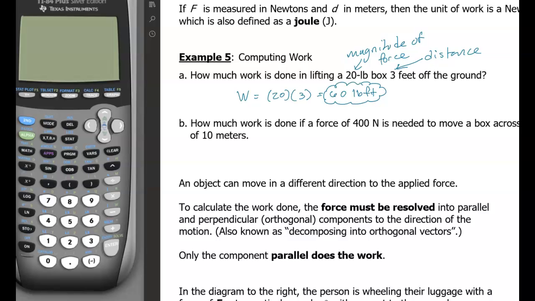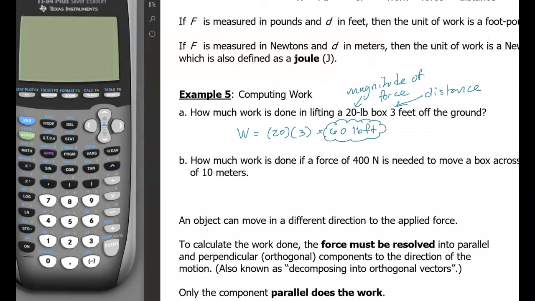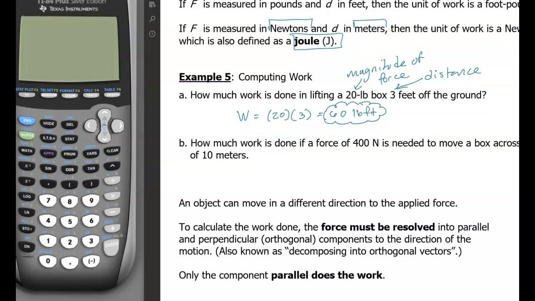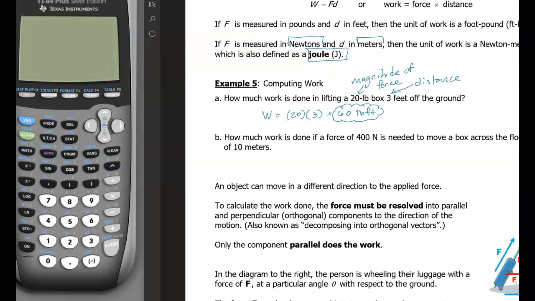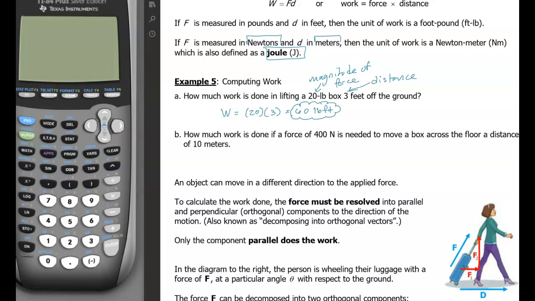Now, more often than not, work normally has a unit of joules with a capital J, which is just multiplying newtons times meters. Anytime your problem has newtons times meters, you should write your answer as having a unit of J. So in example B, how much work is done if a force of 400 newtons is needed to move a box across the floor a distance of 10 meters?